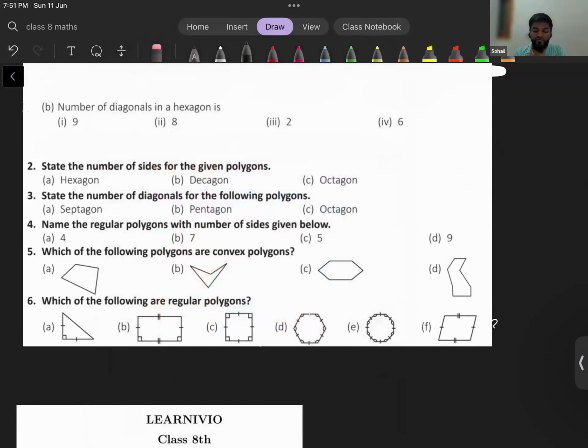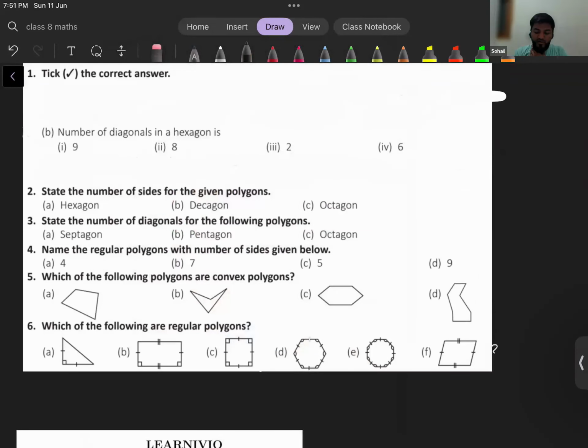See, first question here. You need to find the number of diagonals in a hexagon. Now remember, what was the formula required to find the diagonals of a polygon? Ahmed, do you recall?